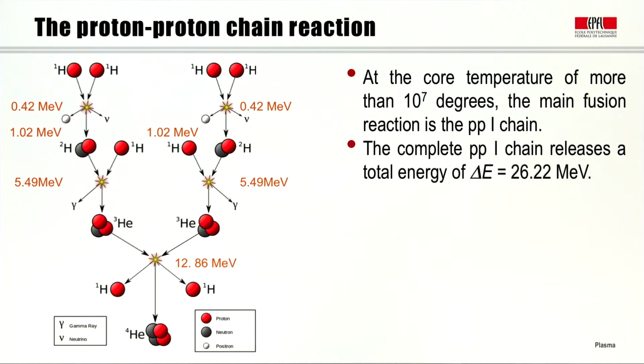The net result of the pp1 chain is the release of a total energy of approximately 26.22 mega electron volts. How long can the Sun radiate its luminosity by using this source of energy? We know that approximately 10% of the solar mass is available for hydrogen fusion.